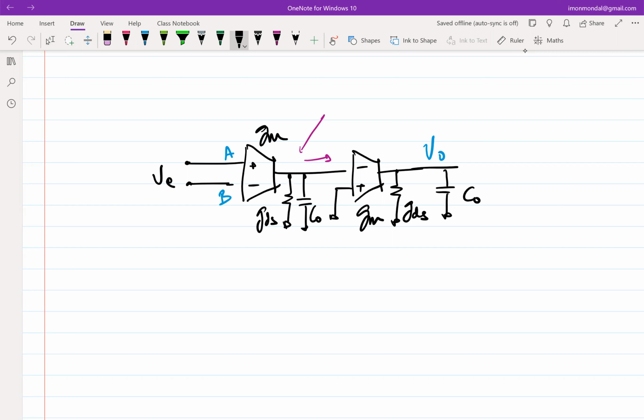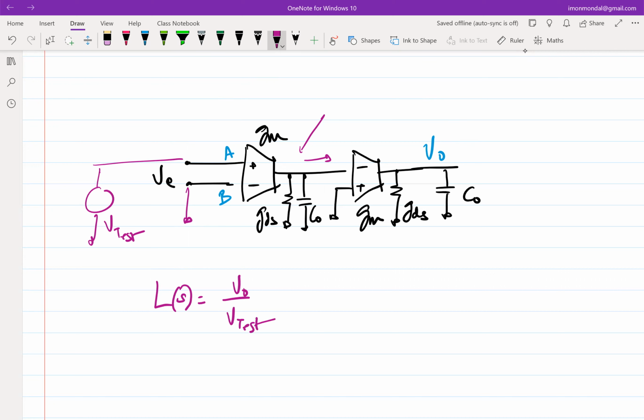Because ultimately, if you want to use it as a unity gain buffer, you will connect it here and apply a voltage here. This will be your Vi, right? And when you do loop gain, you desensitize your Vi, break the loop, and apply a test voltage. And the relationship between V0 over V test, or rather your L of S, will be V0 over V test.